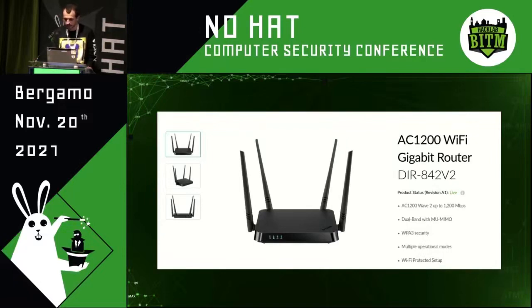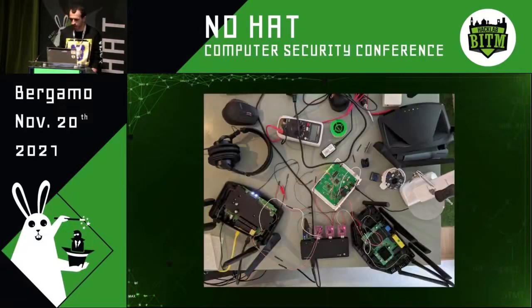And after the targets were chosen, if you want to do something like this yourself, basically you have to purchase a couple of tools. So for example, here you see a voltmeter and a UART converter, an analyzer for this, and a couple of wires.